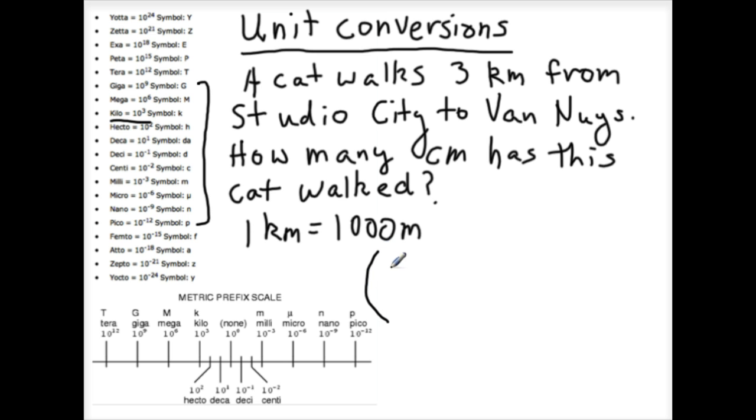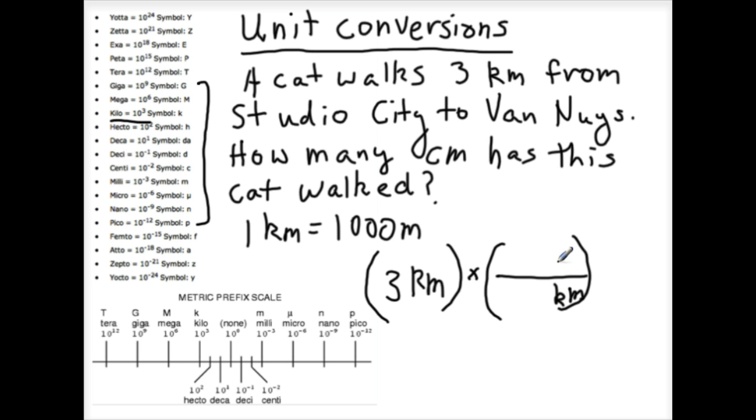So again, as shown in class, I begin with what I've already been given, that I have 3 kilometers. I multiply it by some sort of ratio that will be equal to 1, but will allow me to cancel out my kilometers and just leave me with meters. In order to do so, I have to be sure that kilometers are the units that I use in my denominator and meters are in my numerator.